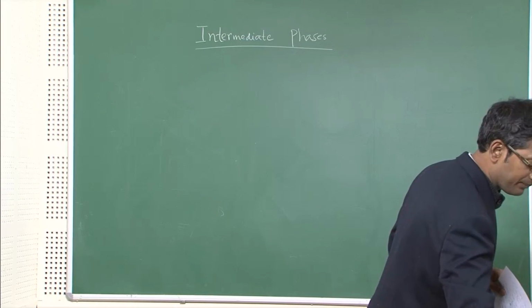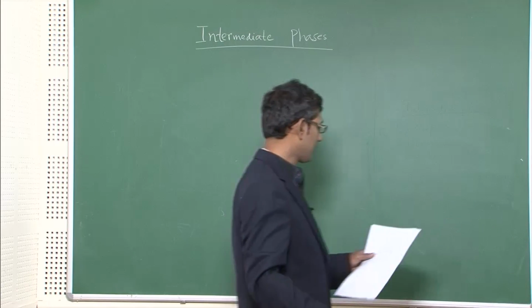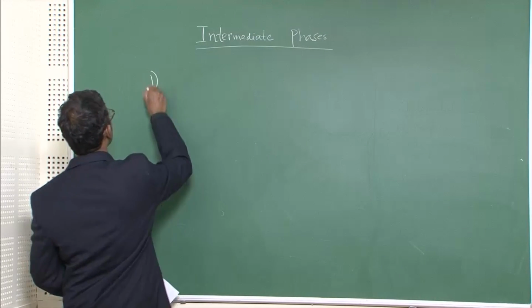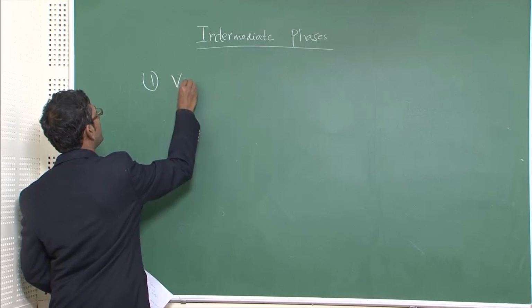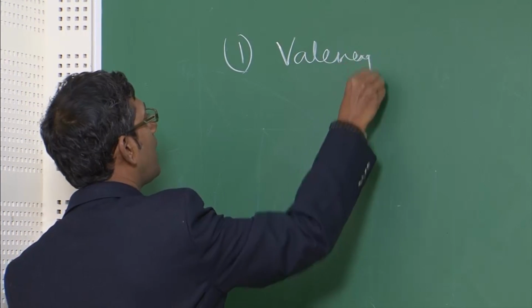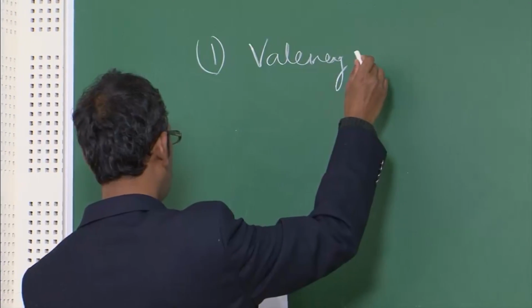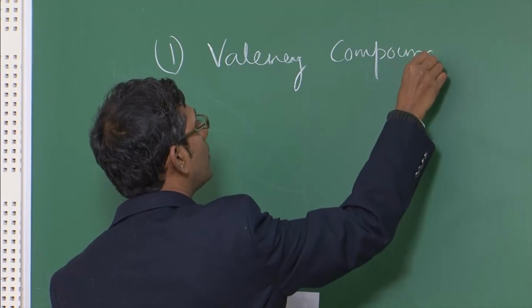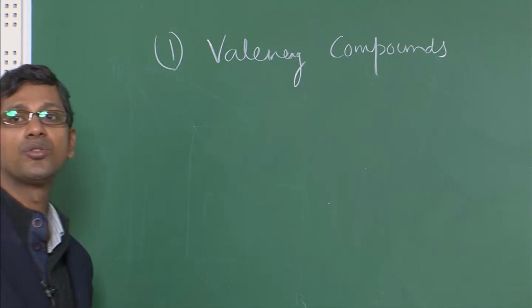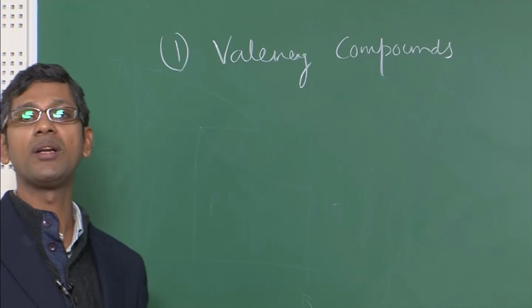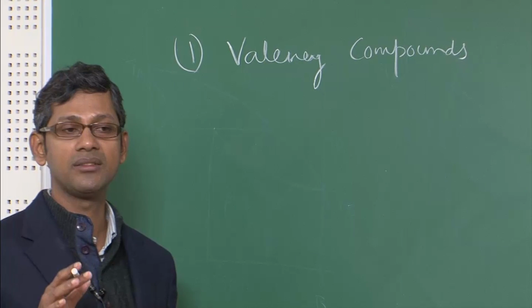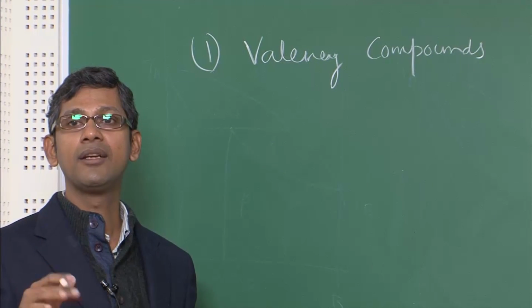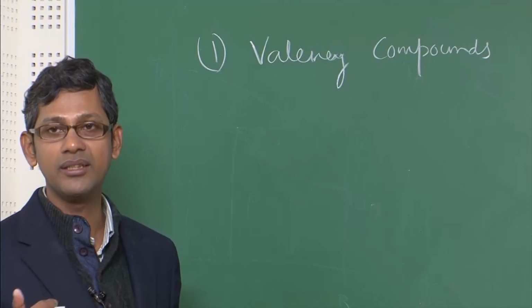The first one is known as valency type, or valency compounds, because they follow the typical valency rule. What is that? If you consider sodium and chloride, sodium loses one electron and gets an octet in the outer shell, and chlorine takes that one electron and gets an octet in the outer shell.